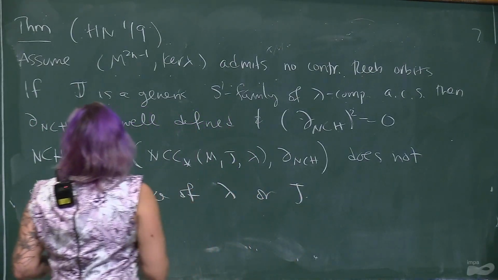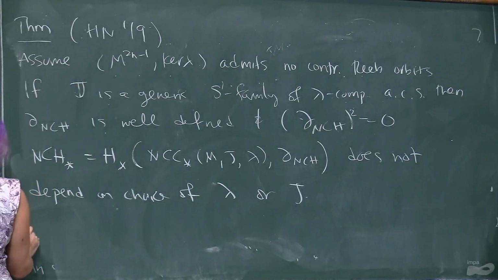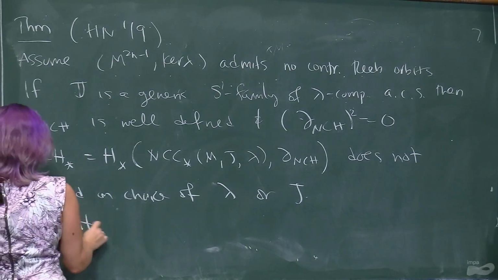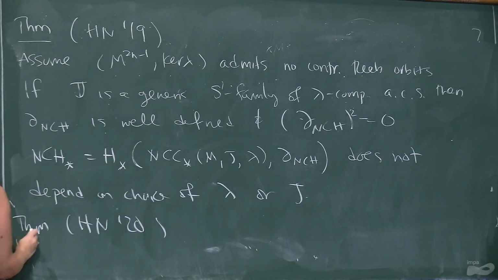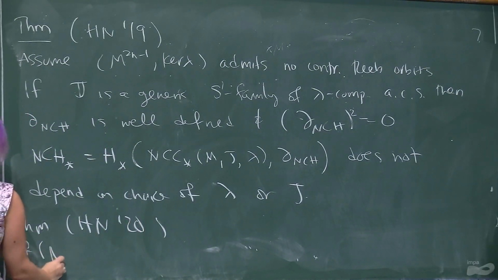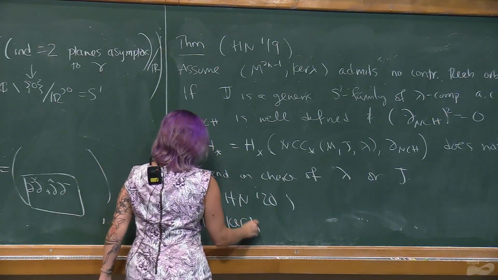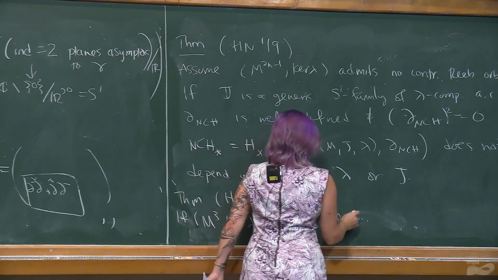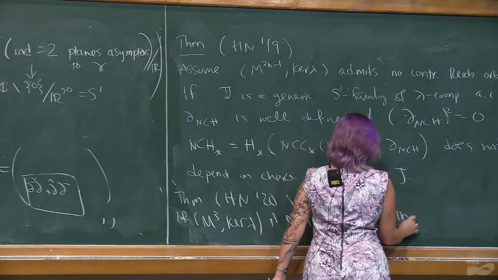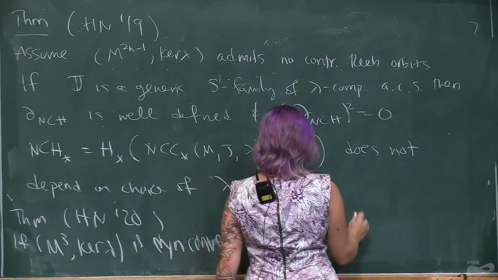Okay. And then the theorem that we're working on for 2020 is that if M^3, kernel of lambda, is dynamically convex, then the above holds with the obstruction bundle gluing correction term.